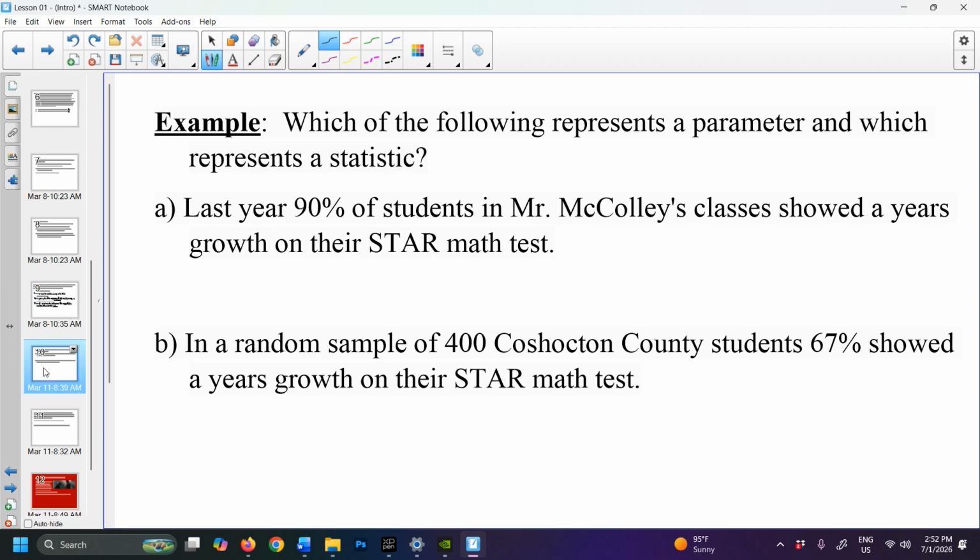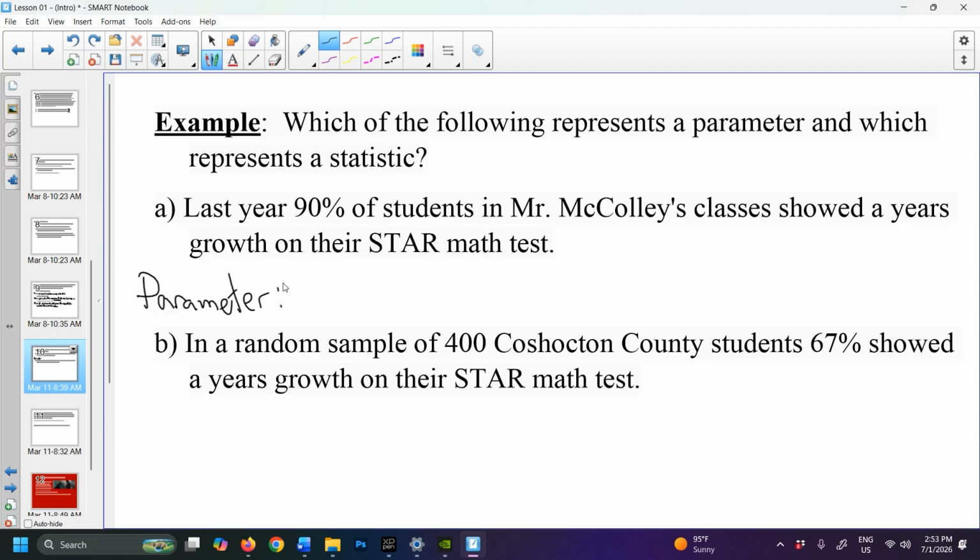All right, next example. Which of the following represents a parameter and which a statistic? Last year, 90% of the students in Mr. McCully's class showed a year's worth of growth on a math test, and in a random sample of 400 Coshocton County students, 67% showed a year's worth of growth on their STAR math test. Okay, so let's see here. This thing here is a parameter.